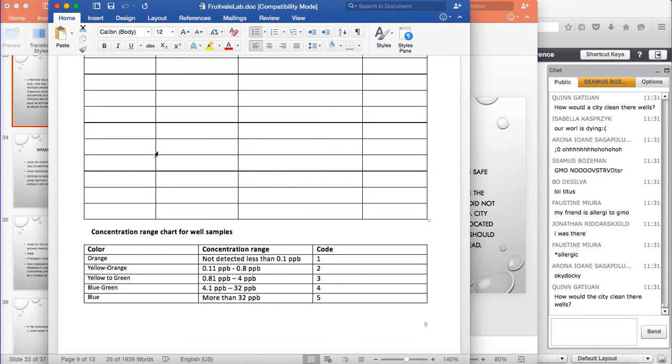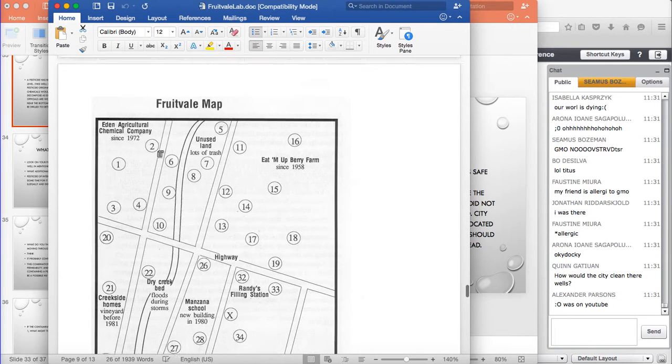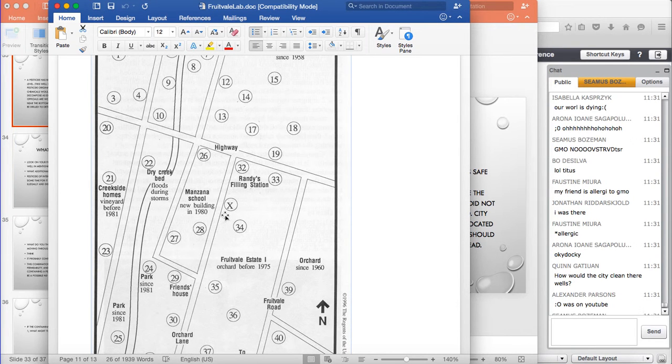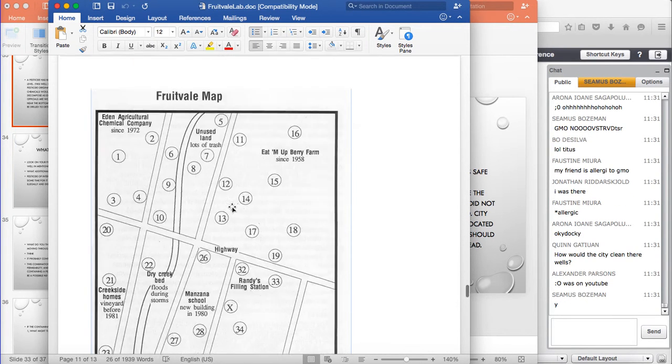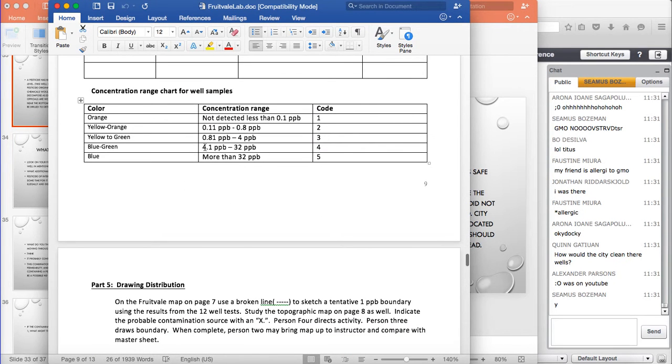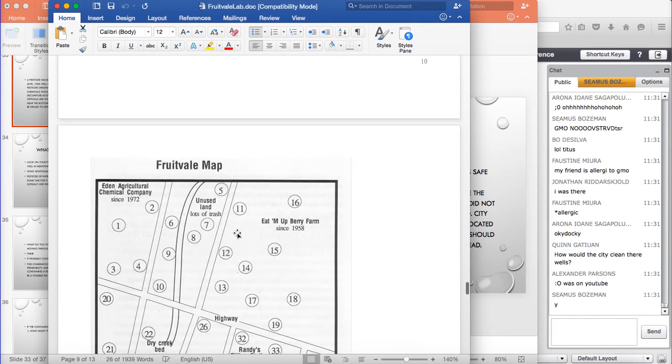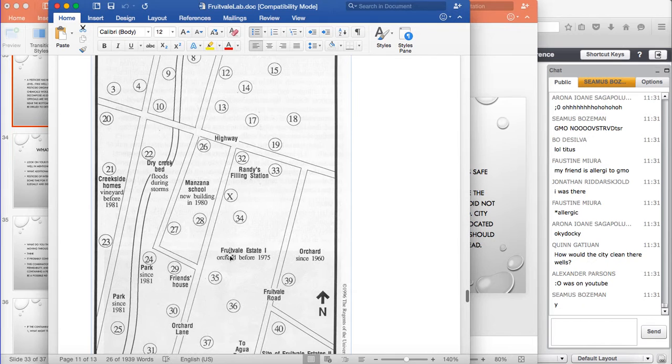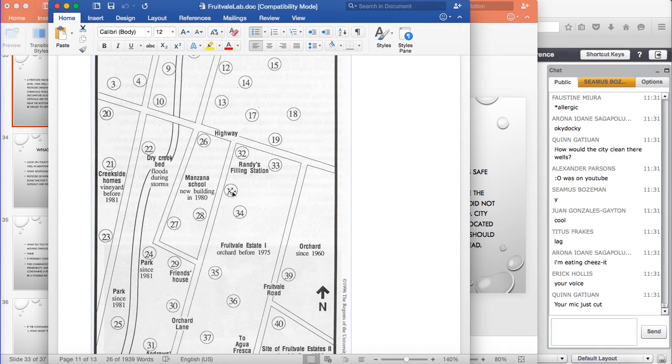Cool? So for now, Fruitville looks like this, and you're seeing 5 parts per billion. That would give it a code of 4. So you notice that this well right here is code 4.